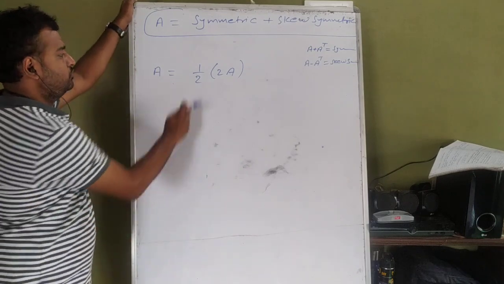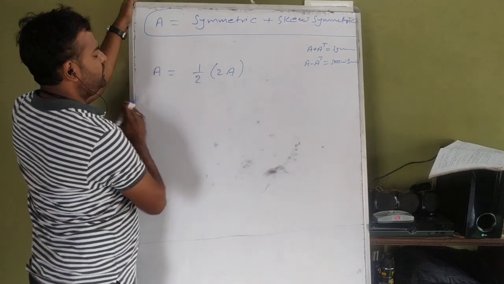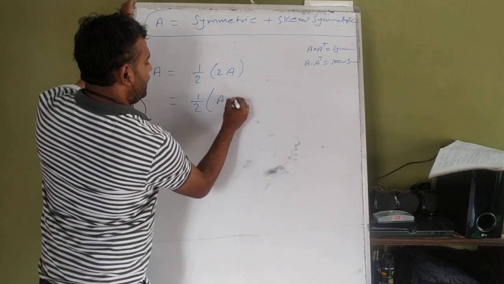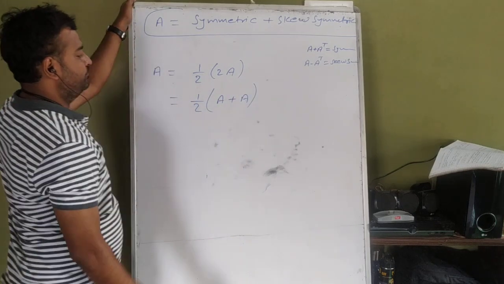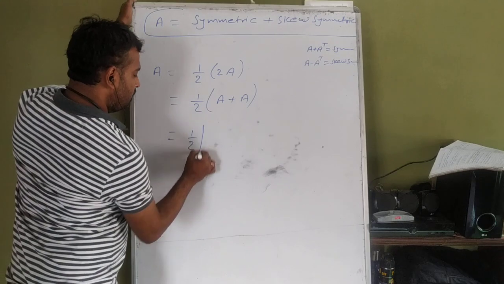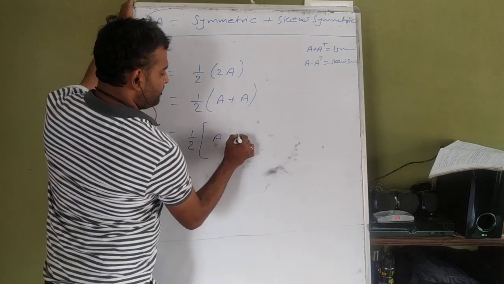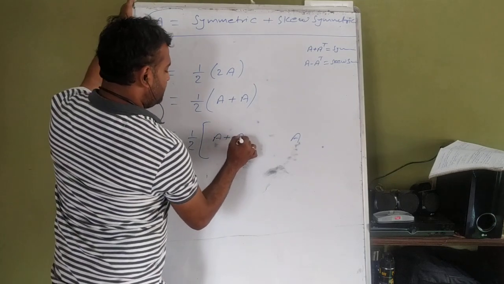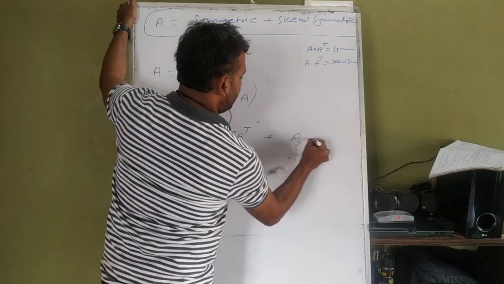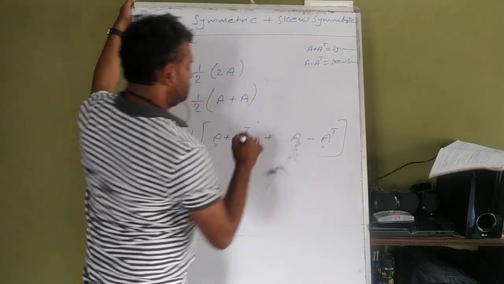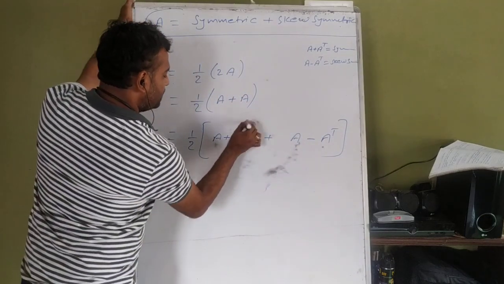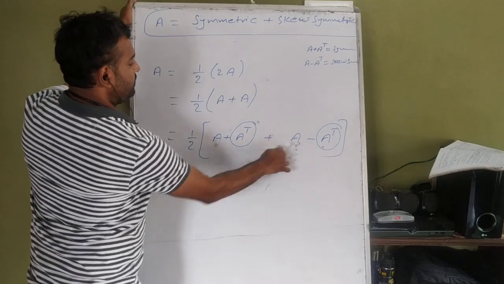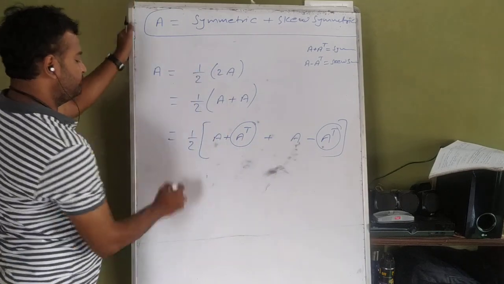The same thing, 2 and 2 will cancel and we will get A here. Can 2A be written as A plus A? We are adding the transpose and subtracting the transpose. The same term can be added and the same term can be subtracted. This one and this one will cancel. A plus A equals 2A will be here.